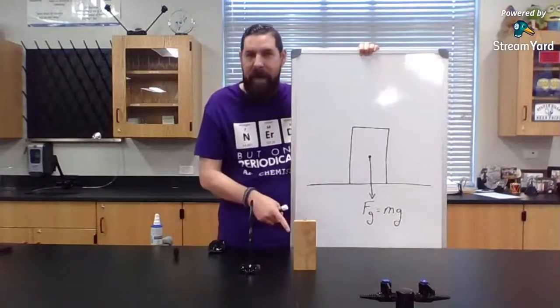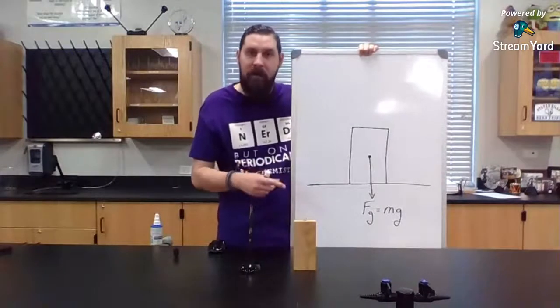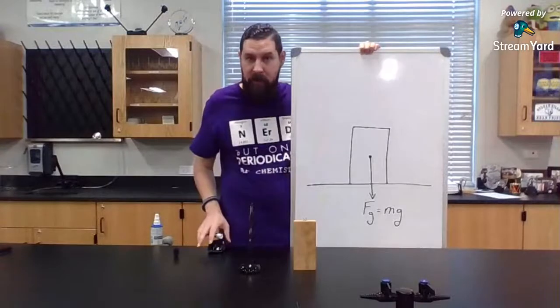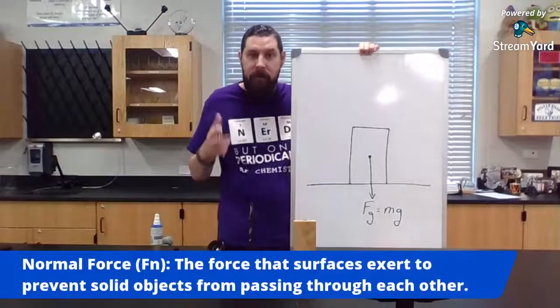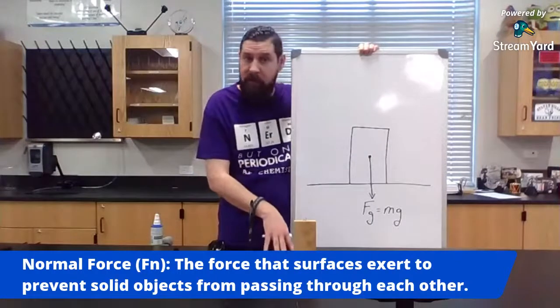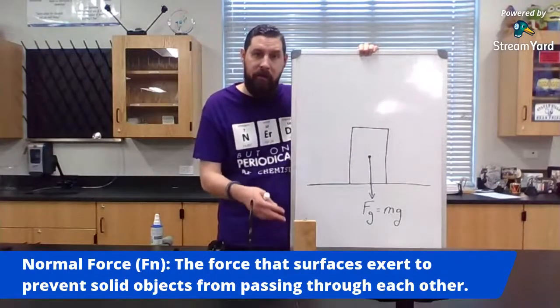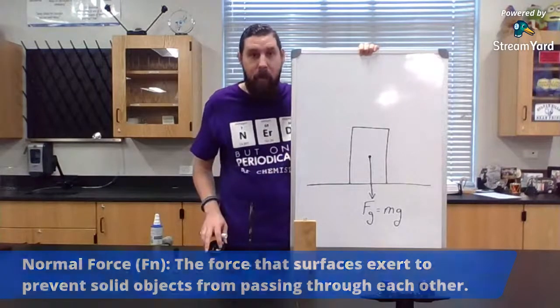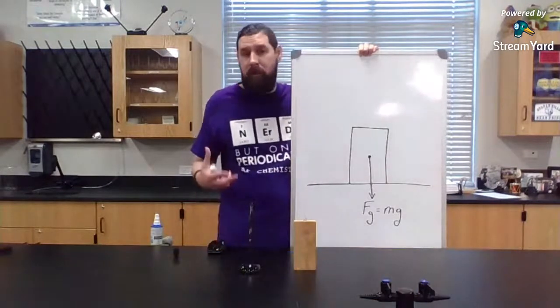But we don't see that happening. So what that means is there has to be some upwards force also acting on it. And that is that normal force. Again, the force that the surface, in this case the table, is exerting on this block to keep it from passing through that table, or the table passing through the block.